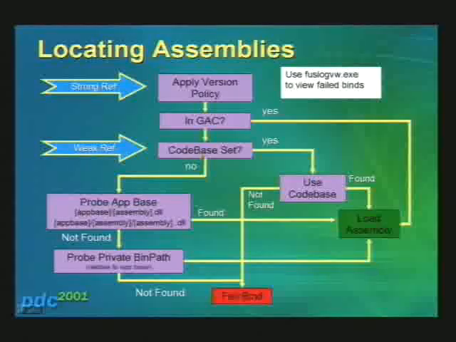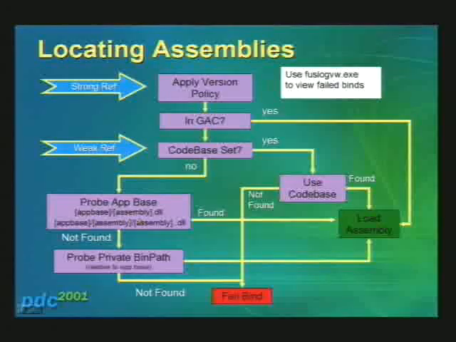If we don't have a code base setting at all in that config file, we do some probing in the application directory. Now, this probing has kind of gotten a bad rep. We don't go grokking all over the application directory looking for things. We look in very specific places. Of course, the first place we look is right in the application directory, which I'm showing here as the app base.